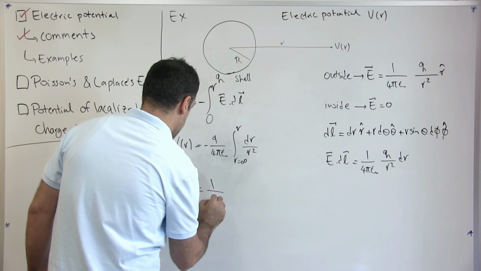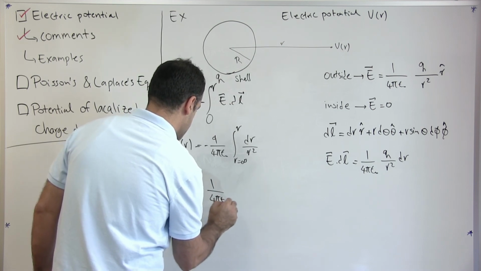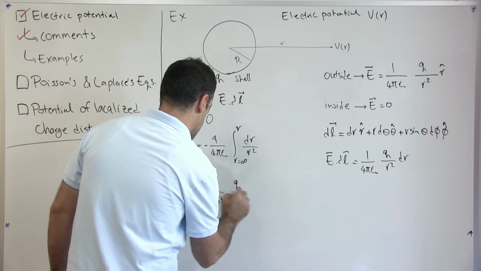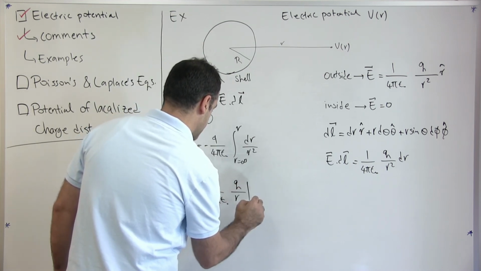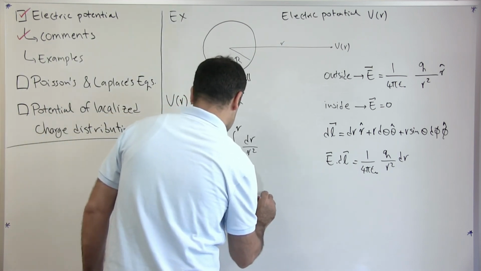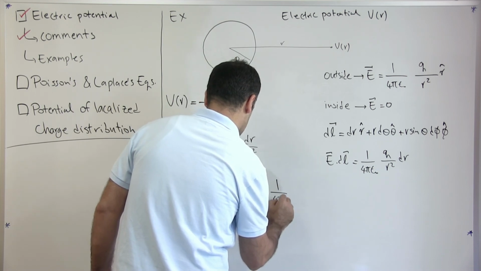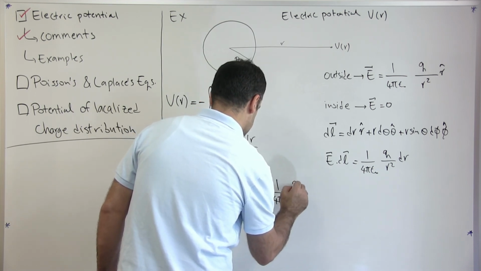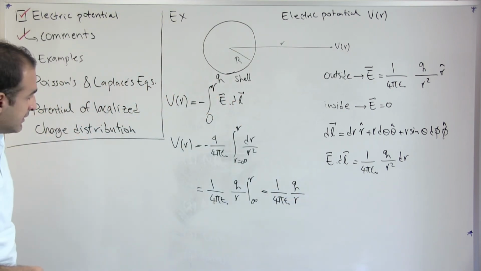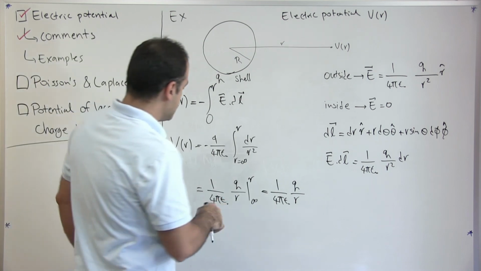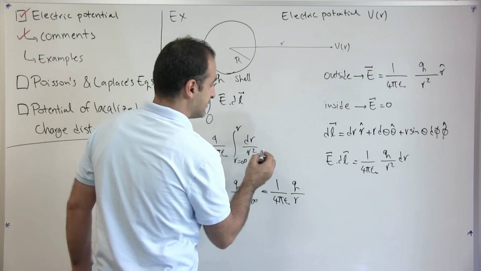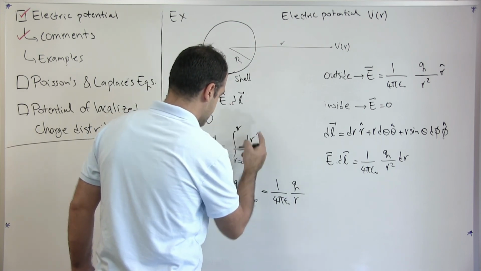so that becomes technically 1 over 4 pi epsilon 0 times Q over R from infinity all the way to R, and that is 1 over 4 pi epsilon 0 Q over R. Okay, and a better way of writing this, not to confuse this R with the R inside the integral, is using prime coordinates for things that are inside the integral.